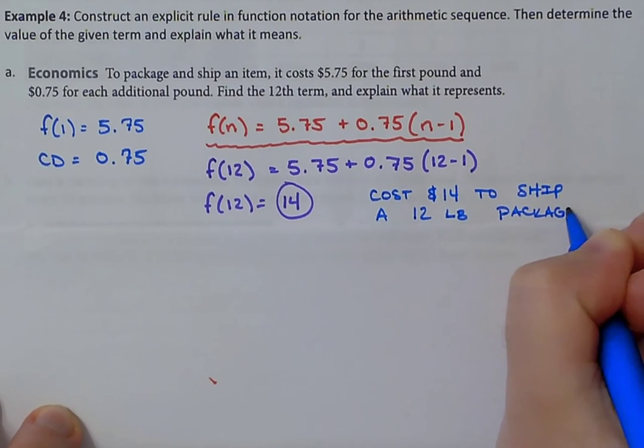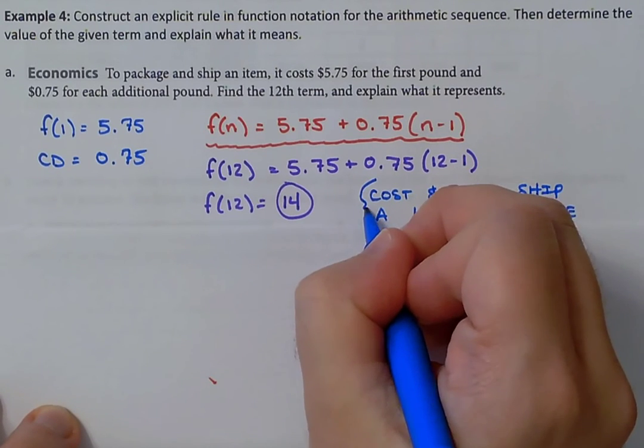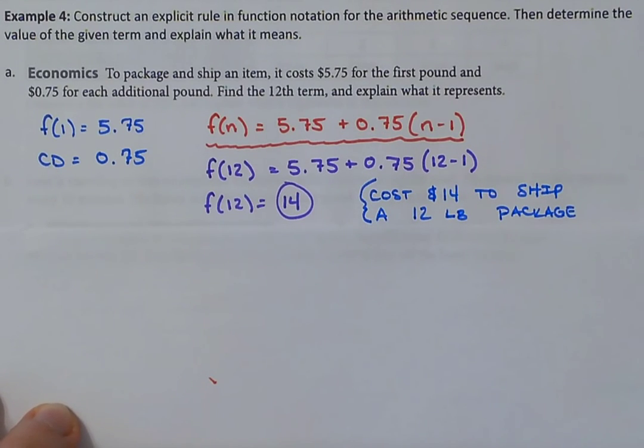So at 12 pounds, it's going to cost $14 to ship that package. And that is our answer for example 4A.